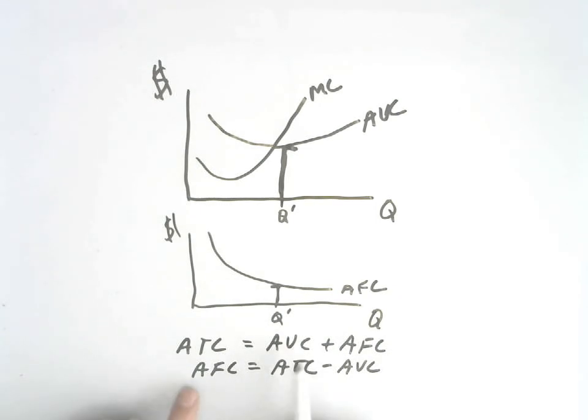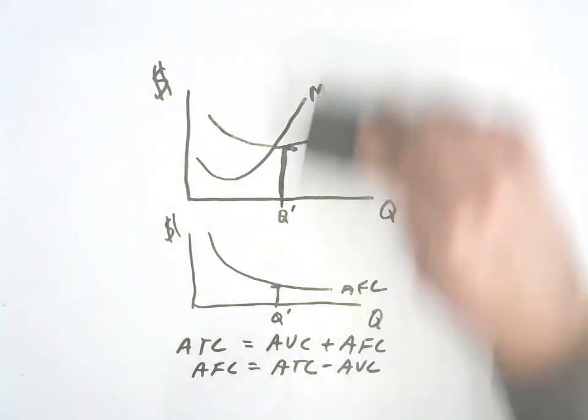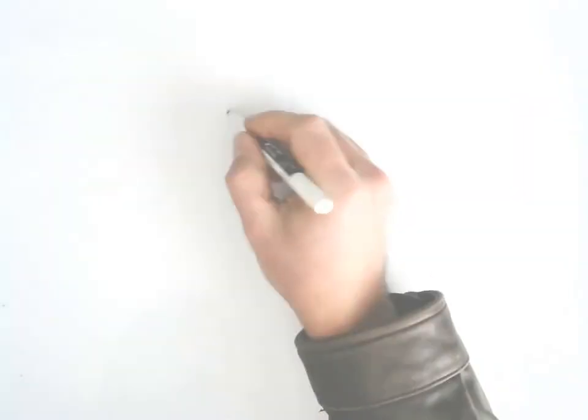In other words, I just subtract average variable cost from each side and I get this function. It's exactly the same function. But what does this mean? This means the distance between the average total cost function and the average variable cost function is exactly average fixed cost. What does that look like? That looks like this.